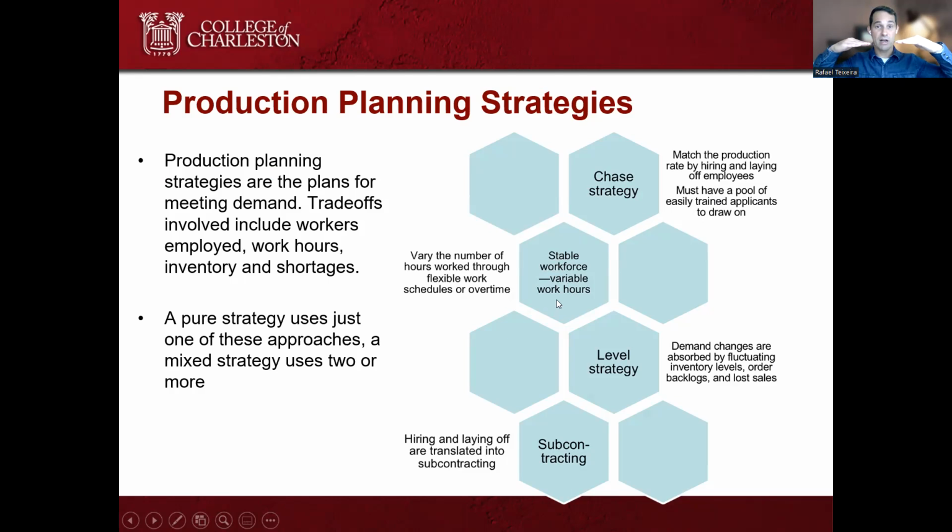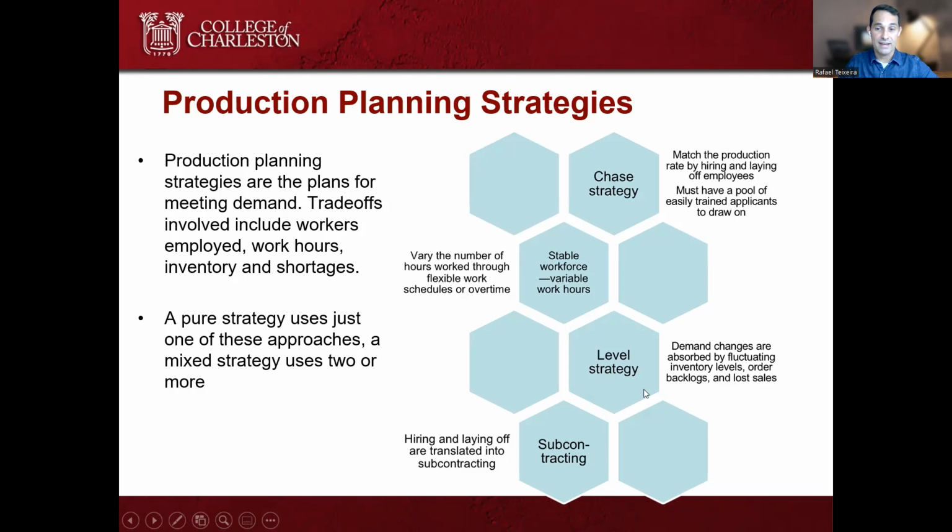In this case, I always use the same number of people, and if I have to increase, I'm probably going to work overtime. Vary the number of hours worked through flexible work schedules or overtime. So I always have the same amount of people, but if I have a peak in demand, I'm going to pay overtime, or I'm going to allow flexible schedules.